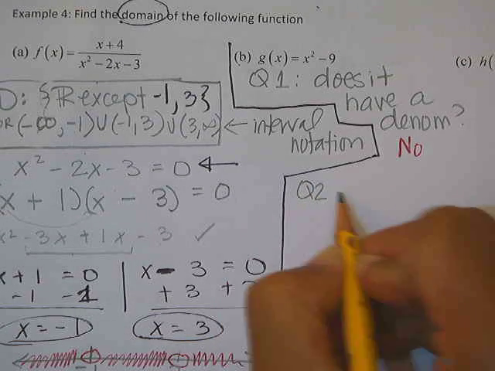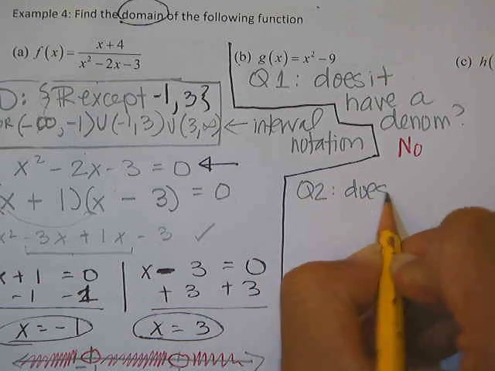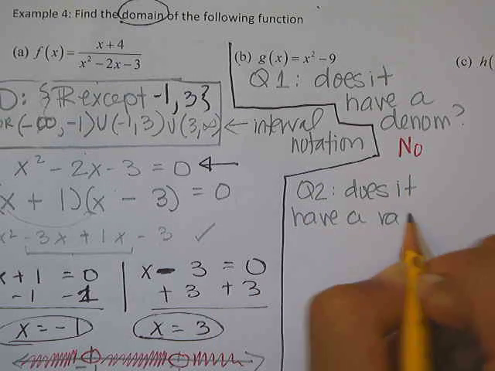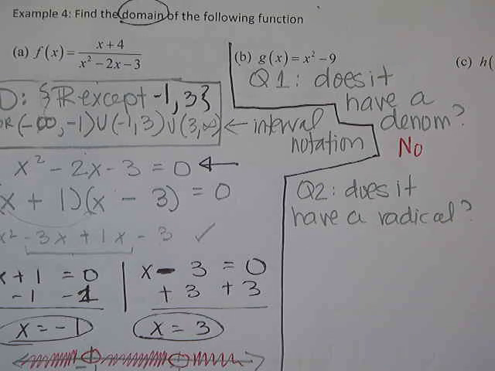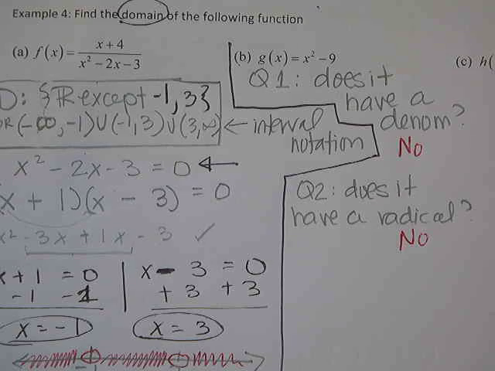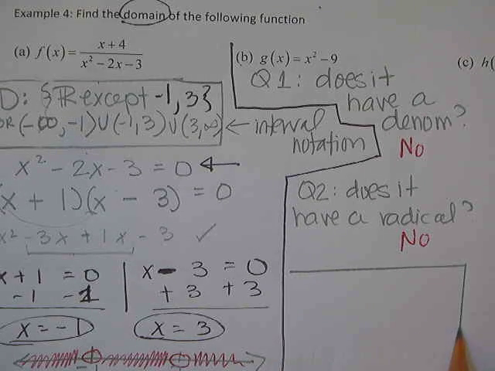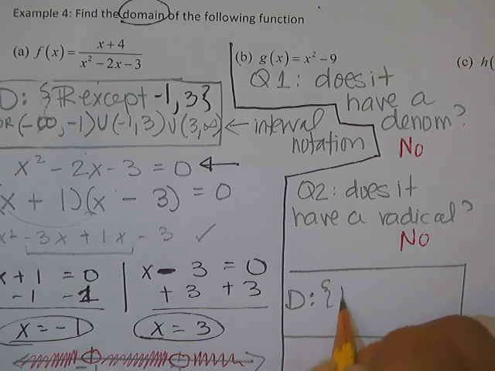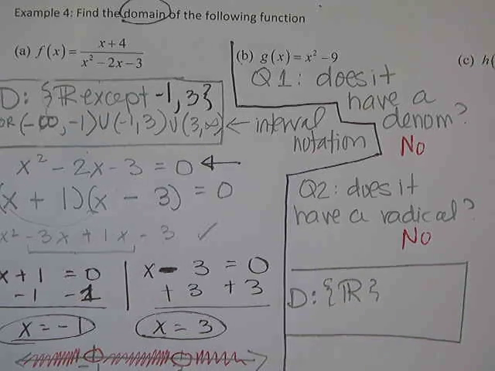Question number 2. Does it have a radical? If you say no, then now you can totally write your answer, because the answer is certainly all real numbers because we don't need to exclude anything.